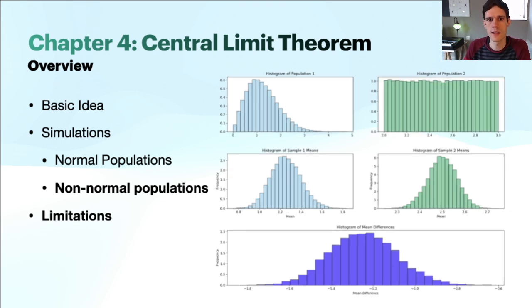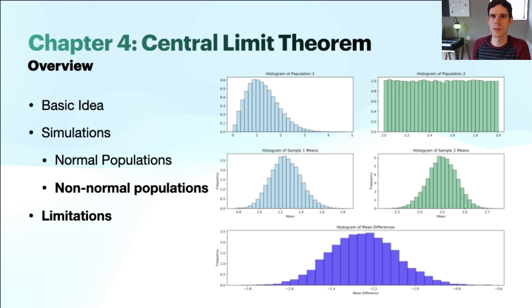For instance, take a look at this one. Here we see clearly that the underlying distributions of the populations are not normally distributed. Here we have a Rayleigh distribution and here we have a uniform distribution. Nonetheless, if we go through the same procedure, then we see that the sample statistic distributions are normally distributed.